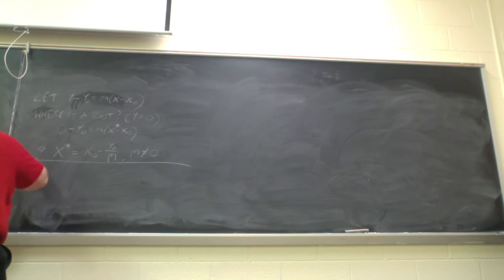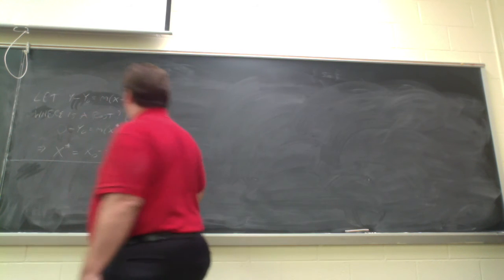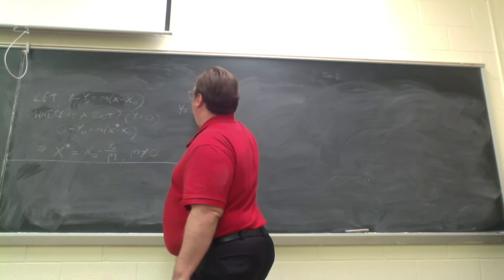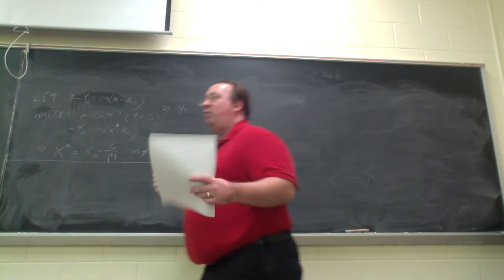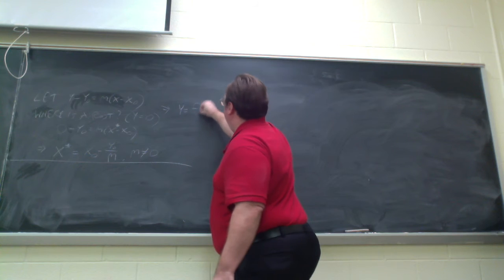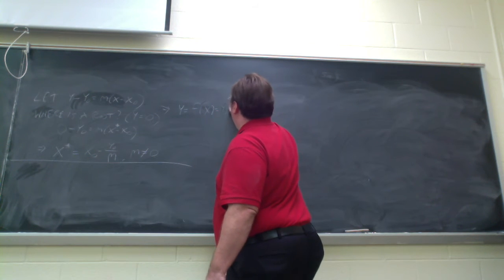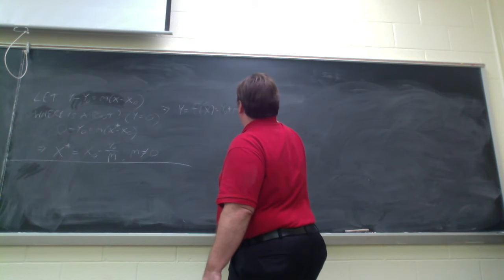It's more of a function like y equals f(x). So in this case, f(x) is equal to y naught plus m times (x minus x naught).